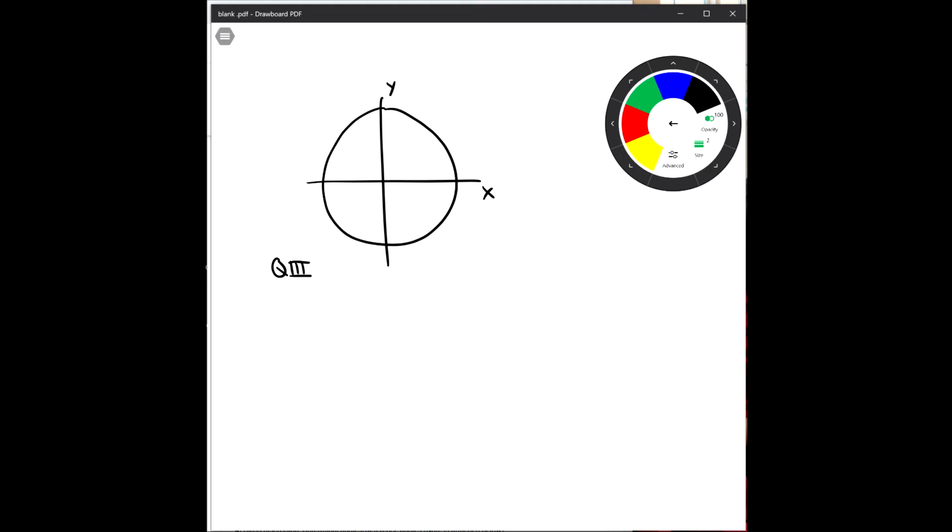Let's say the original angle is 200 degrees. So 200 degrees will be right here. We know half of the circle is 180 degrees, so 200 degrees will be somewhere just past 180 degrees. So it's somewhere right here.